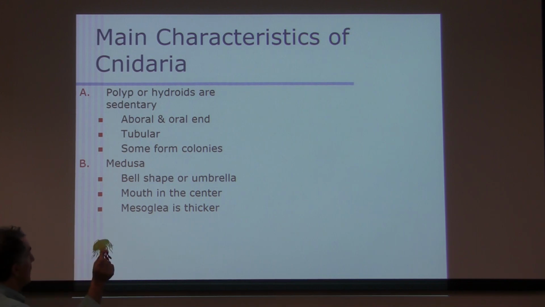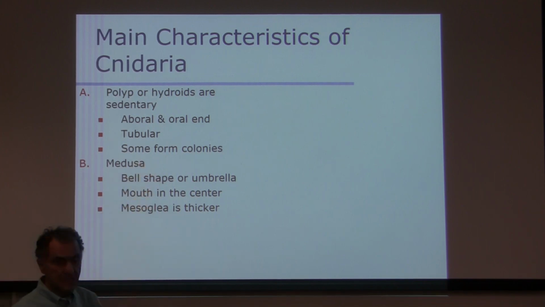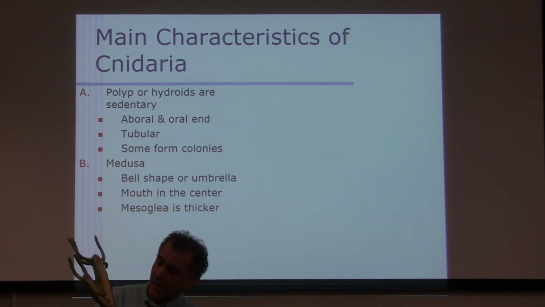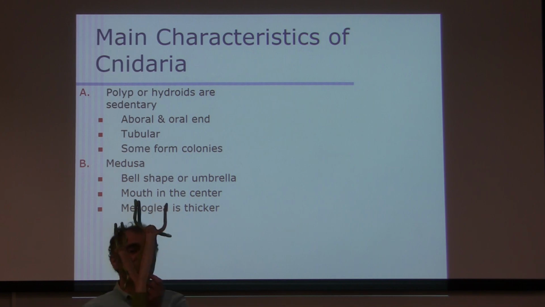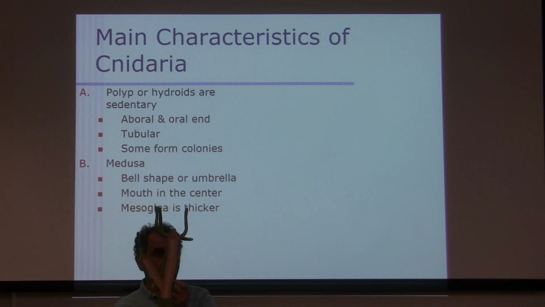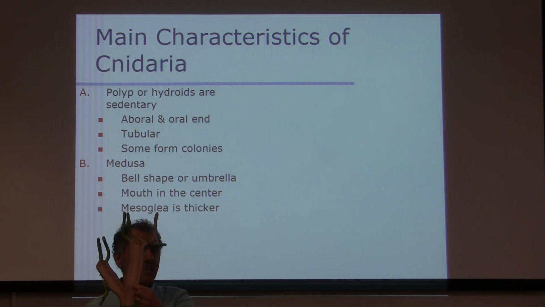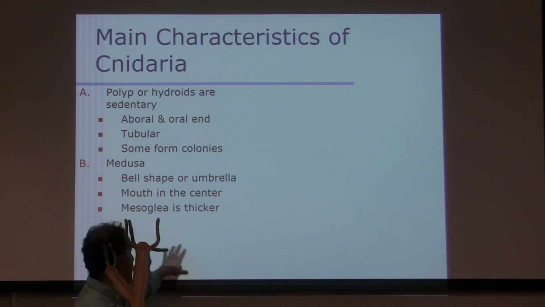Bell-shaped, mouth in the center, the mesoglial layer is thicker compared to the other guys. If you look, the green line up here is the epidermis, and the creamish color is the gastrodermis. And then the red in between is the mesoglial layer.